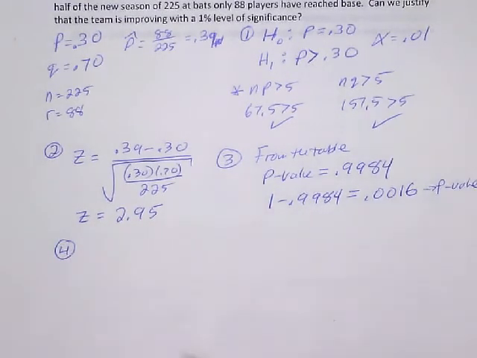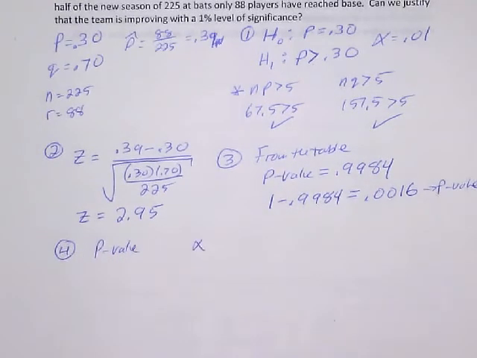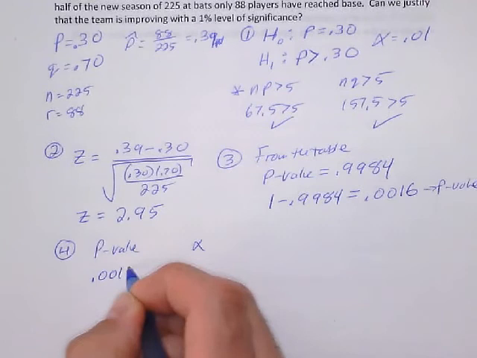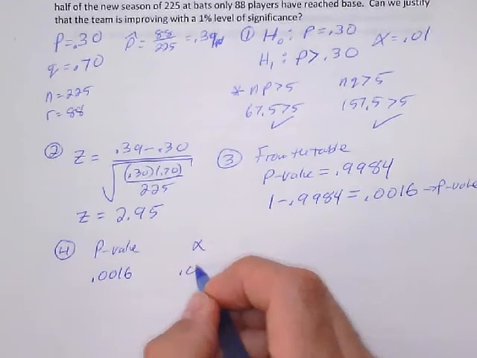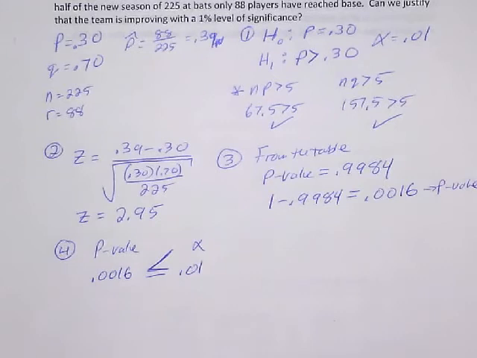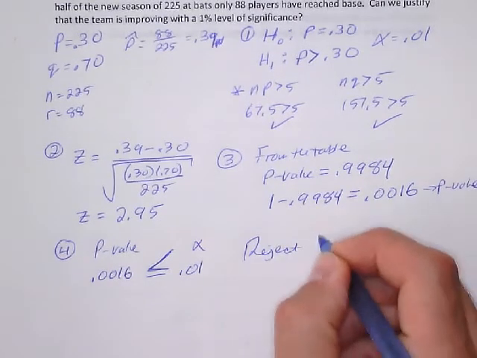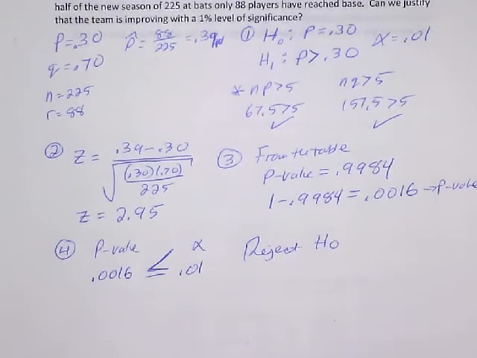So as we move into step 4, we're going to compare the p-value to alpha, 0.0016, 0.01. That's in the less than or equal to category. We will reject the null.